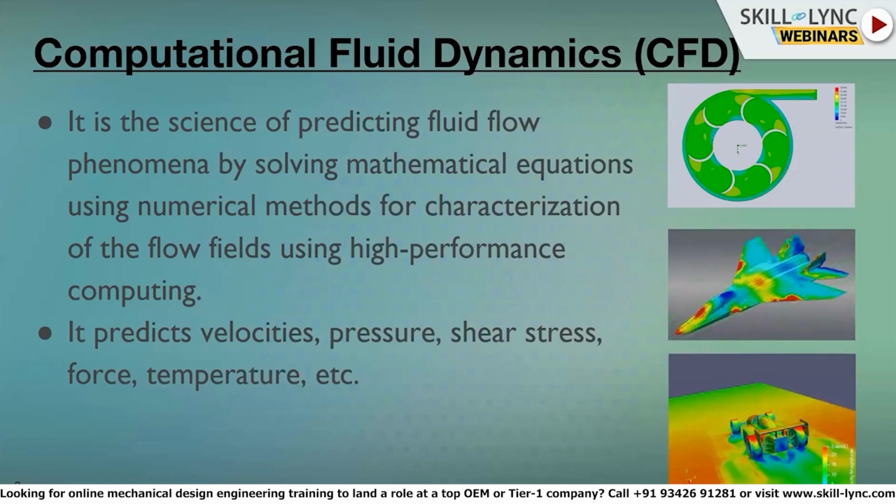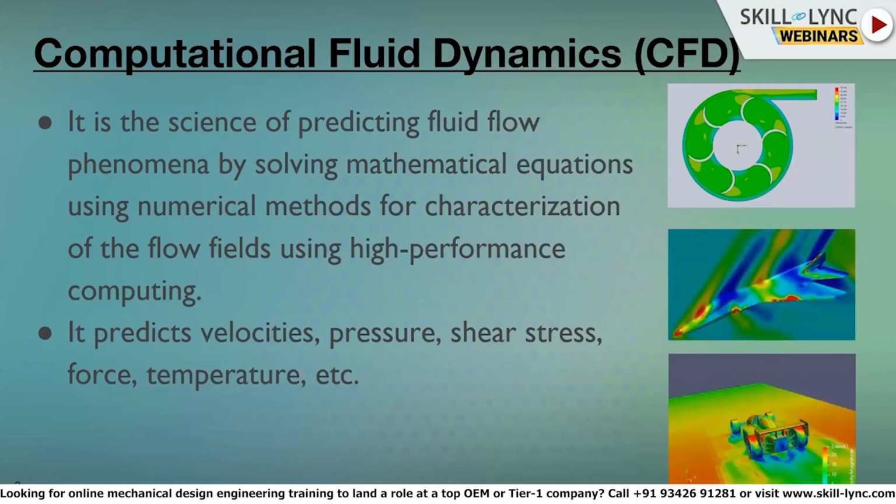Okay, so why do we do this basically? What is our objective of doing this? We need to predict velocities, pressures, shear stress, forces, temperatures, etc. And why do we require this?